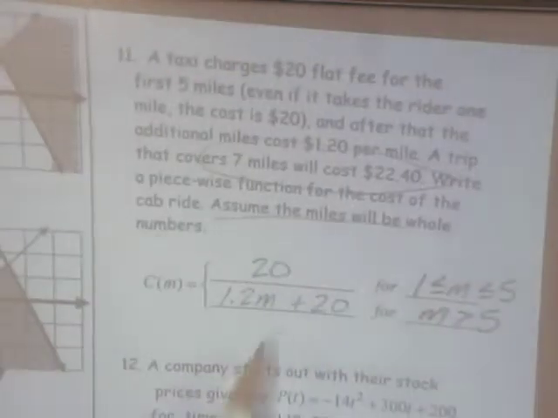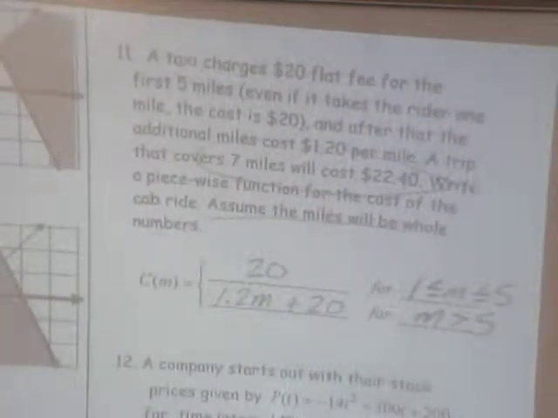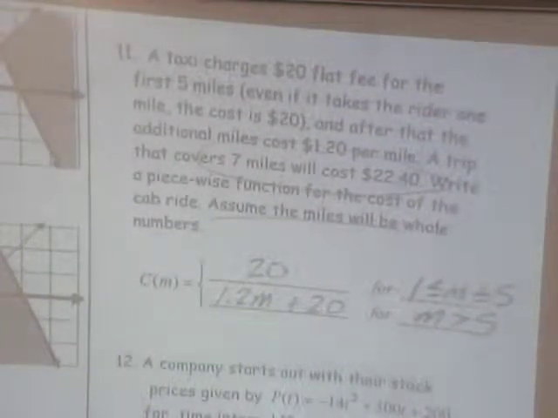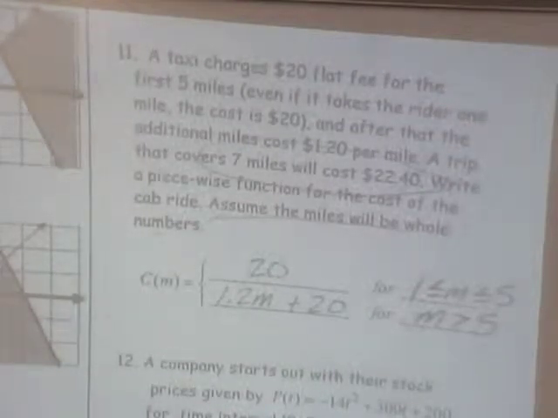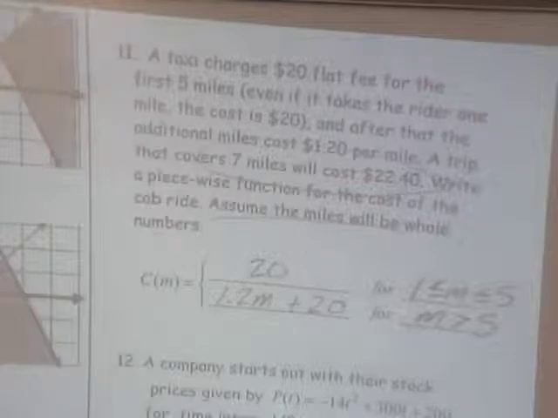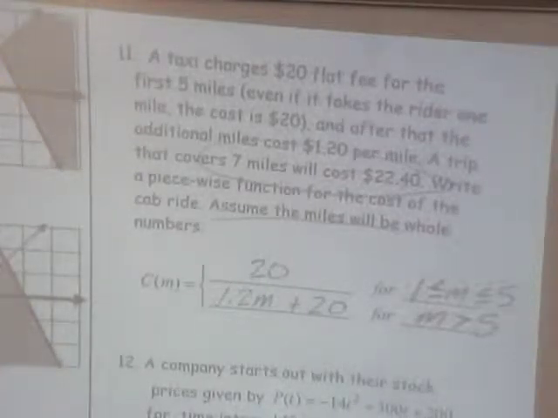So let's plug it into the equation we came up with and see what happens. 7 times $1.20 is $8.40. Plus 20 gives us what? 28.40, right? And how much is it supposed to cost? $22.40.